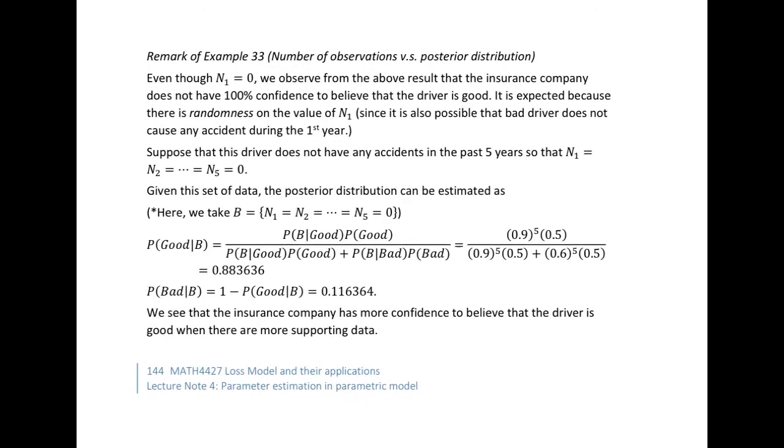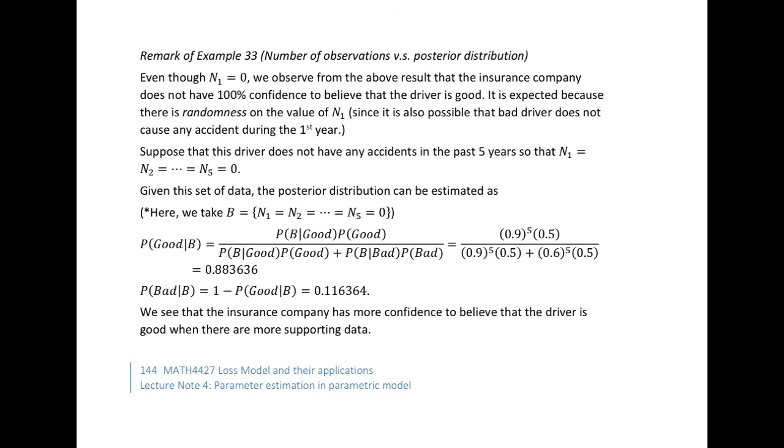So here let's suppose 5 years have passed and he finds that in the past 5 years he did not cause any accident. In that case, if you compute the corresponding posterior distribution, which you can do using the Bayes rule again, you will find that this probability will be equal to this.